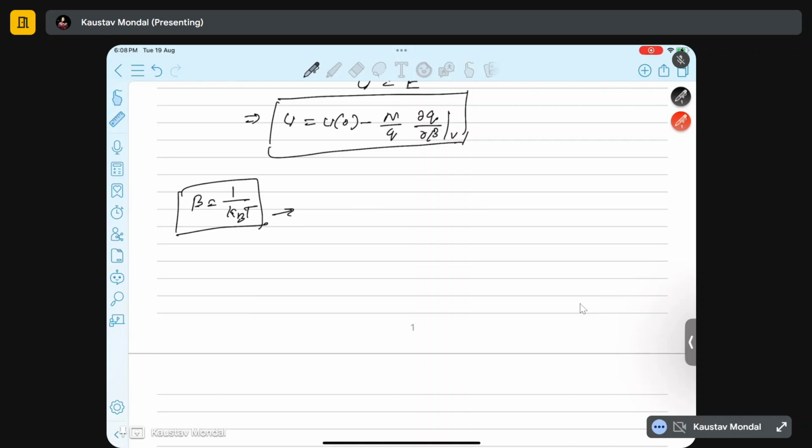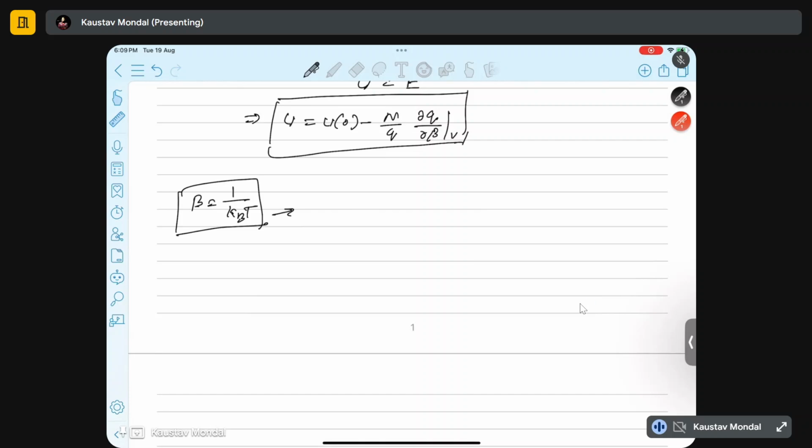We basically compared the internal energy of an ideal gas derived using the kinetic theory of gases with that derived using the partition function. Since we get the same value, we compared the values of the internal energy, and from there we got the expression of beta.